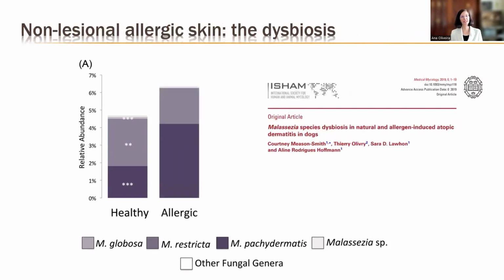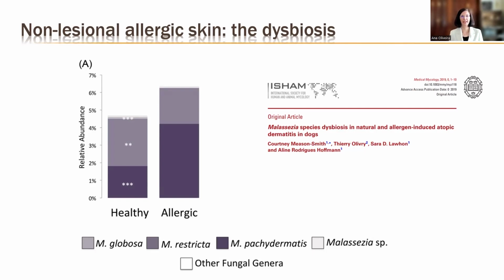Now, what happens in a dog that is allergic? Even if the patient doesn't have any lesions, we know that an allergic patient will have what is called a dysbiosis, because it has an ongoing inflammation. Even if it's only microscopically, it has an ongoing inflammation, which allows a change in the numbers of Malassezia, the species of Malassezia.